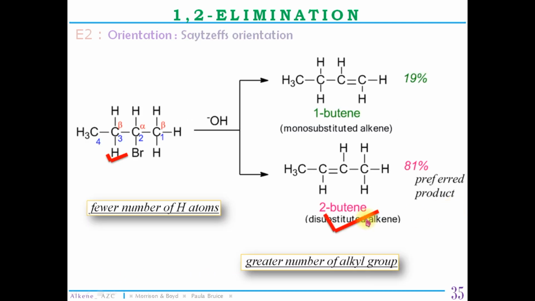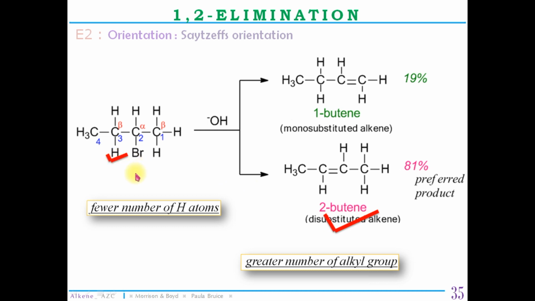In our example, 2-butene is the preferred product. It is a disubstituted product and its isomer is monosubstituted. So this disubstituted product has a greater number of alkyl groups than the monosubstituted product. So it is the preferred product according to Saytzeff's rule.